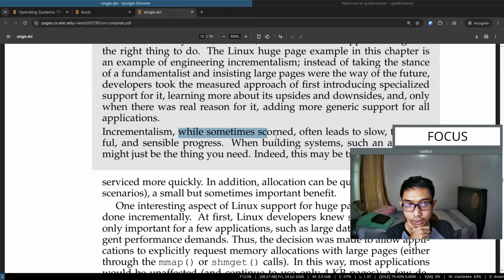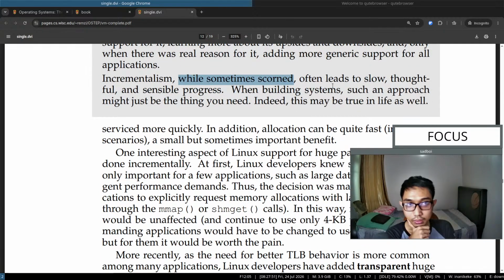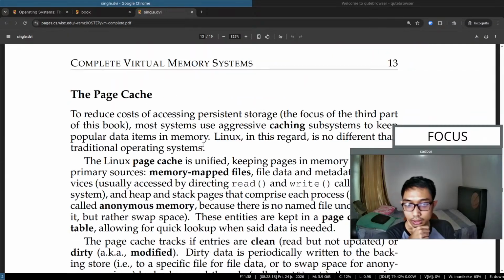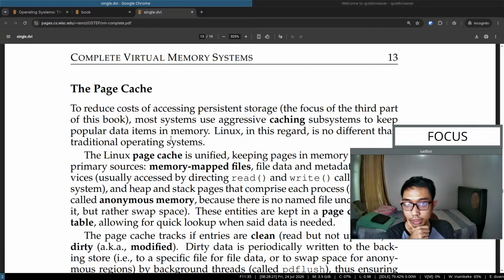Incrementalism, while sometimes frustrating, often leads to slow, thoughtful, and sensible progress. When building systems, such an approach might just be the thing you need. Indeed, this may be true in life as well. Okay, let's continue the page cache.